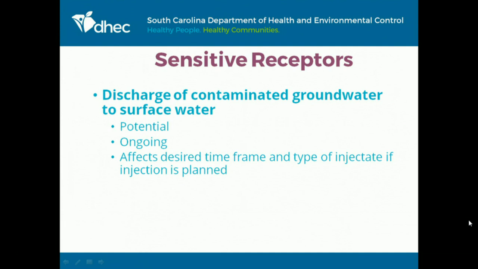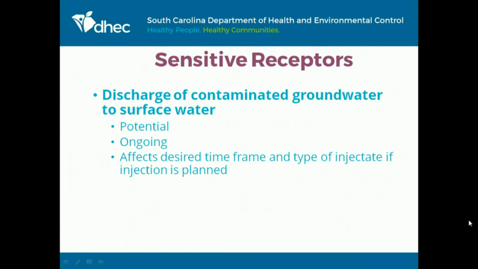If you think that creek is going to become contaminated at some point in the future, then it needs a higher priority to get cleaned up than something that is 10 miles from the nearest surface water body and there's nobody being affected. So if there's potential, if it's ongoing, it should affect the time frame that you choose for your site and the type of injectate that you're going to use.